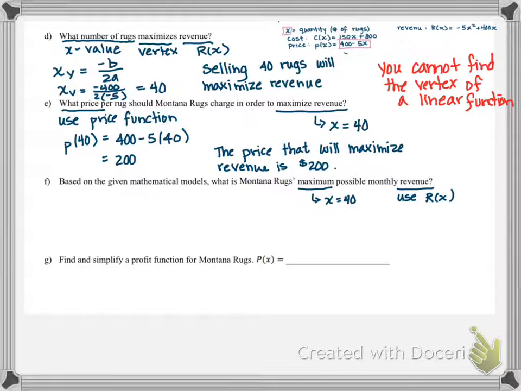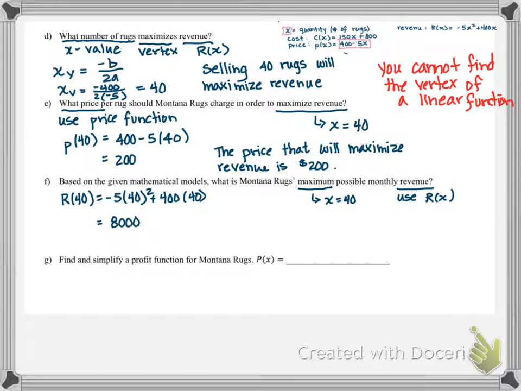So now I'm just plugging 40 into my revenue function. And in this case, I already found the quantity and the price, so I could just multiply 40 times 200 to get my revenue. It'll give me the same thing as plugging it in, which is 8,000.